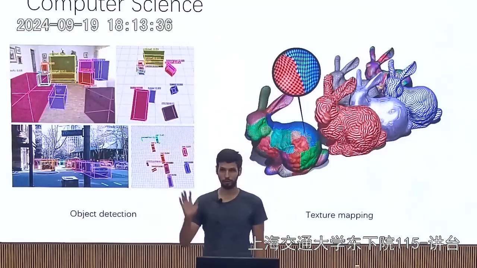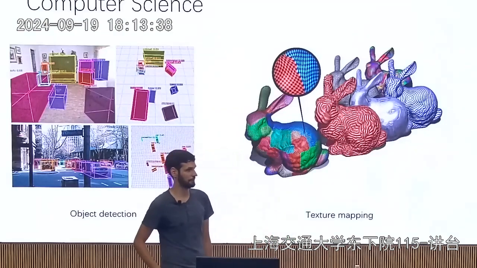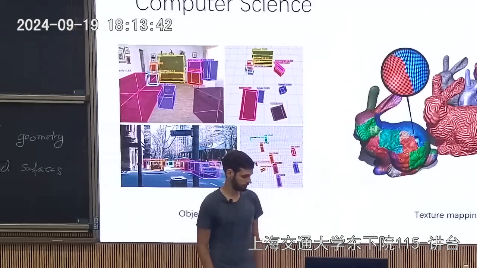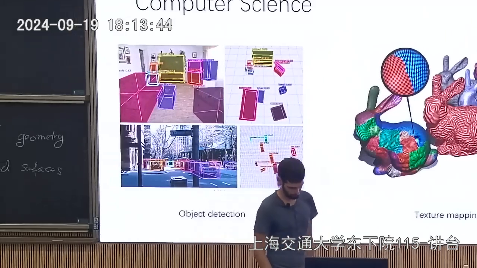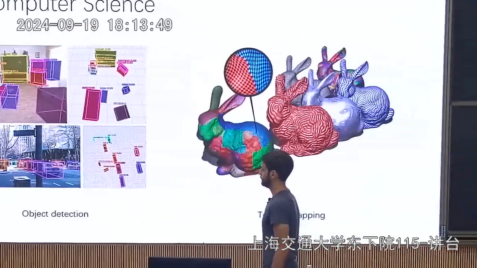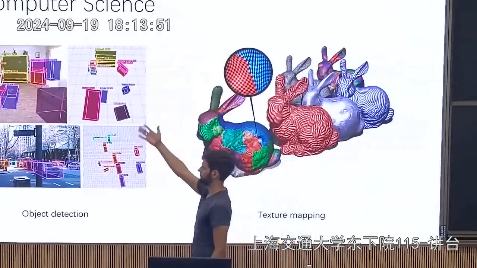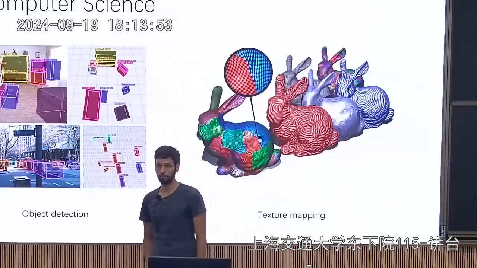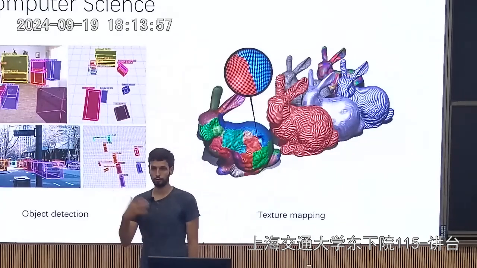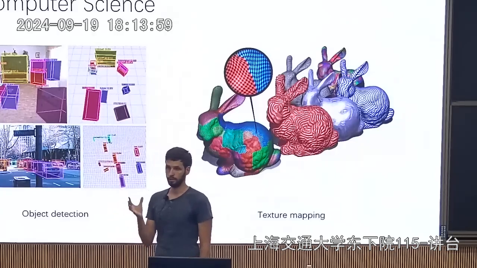I think no one raised their hand, but maybe there are some people interested in computer science and informatics. In computer science, geometry is also very often used. For example, if you have pictures or videos about self-driving cars and how they recognize their environments, they have to recognize certain objects.